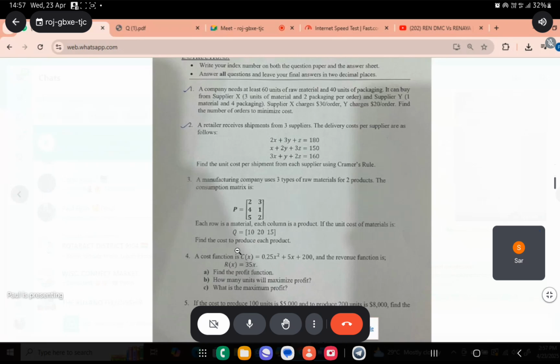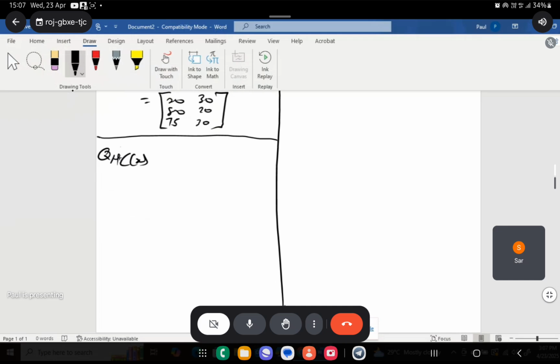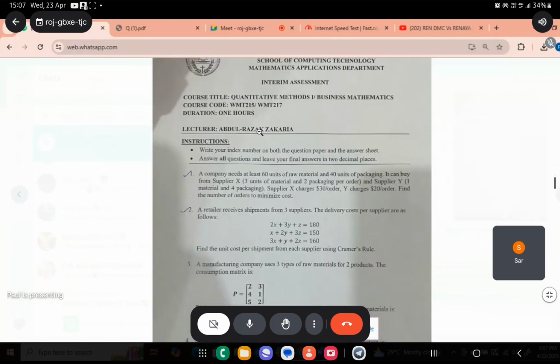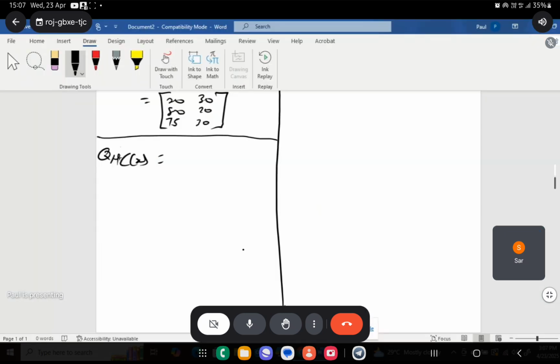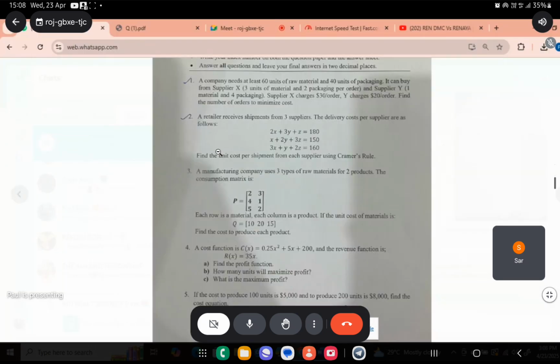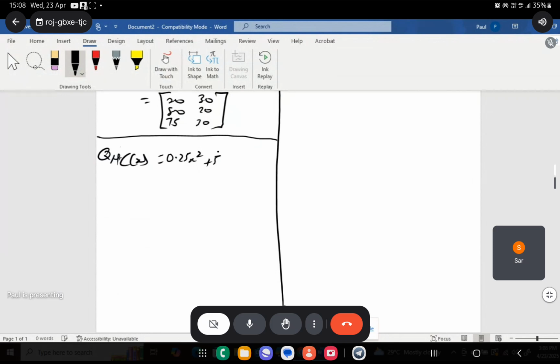They've given you the cost of material as Q. Okay. These questions are optimization. The cost function is C equals 0.25 x squared plus 5x plus 200.